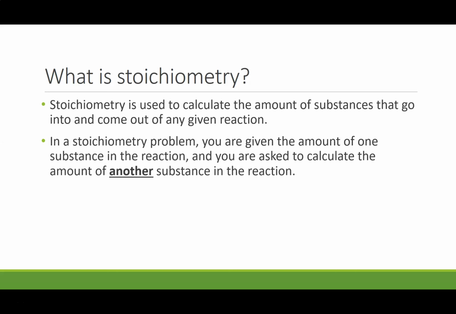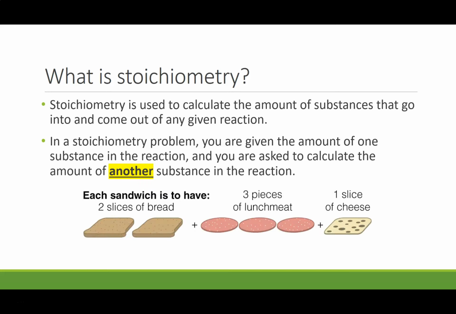So in a stoichiometry problem, you're given the amount of a substance in the reaction, and you are asked to calculate the amount of another substance in the reaction. You can think of it like this. I'm going to make a sandwich from 2 slices of bread, 3 pieces of lunch meat, and 1 slice of cheese.